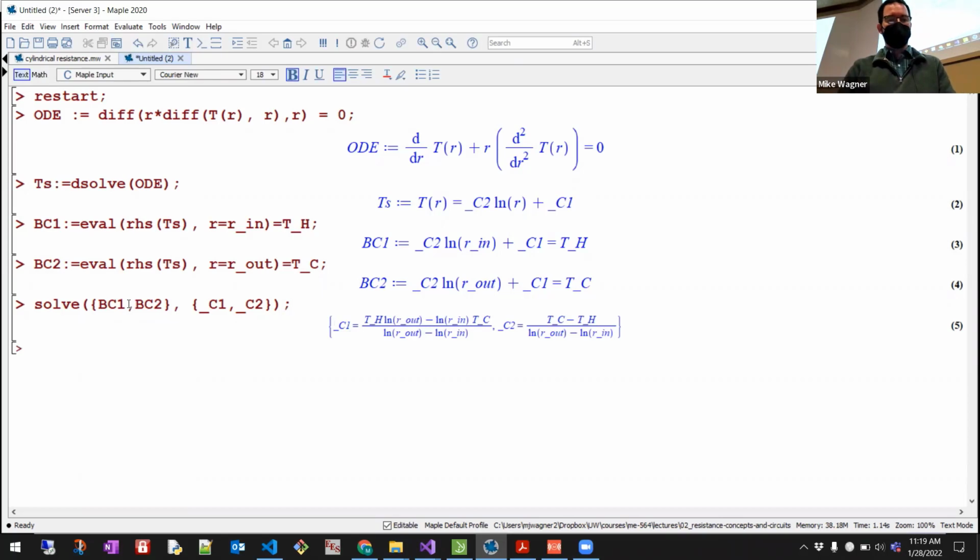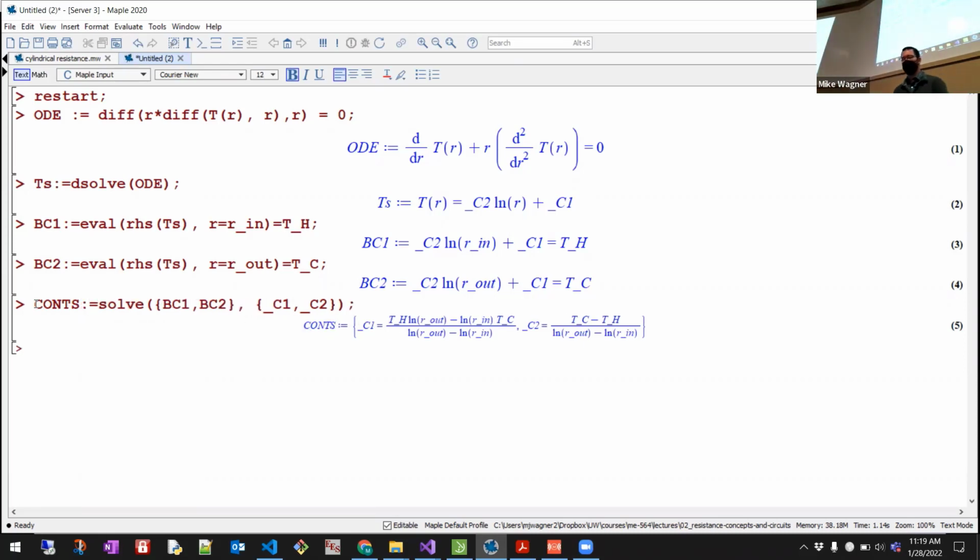Okay, let's go back and call that something. Let's call that constants. And now we can actually go back and substitute this in. This is kind of the last step. So we're going to reassign TS to be equal to subs of our constants, and we're going to substitute that into our original expression of TS.